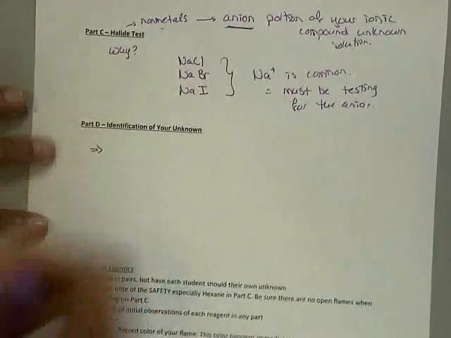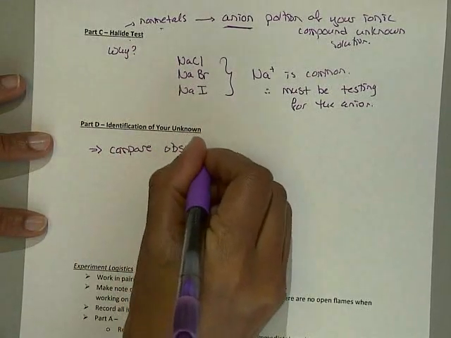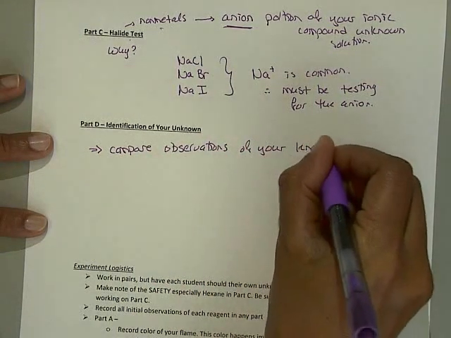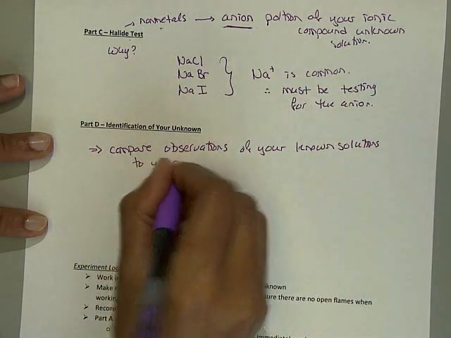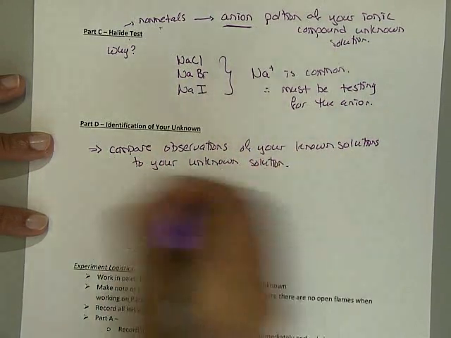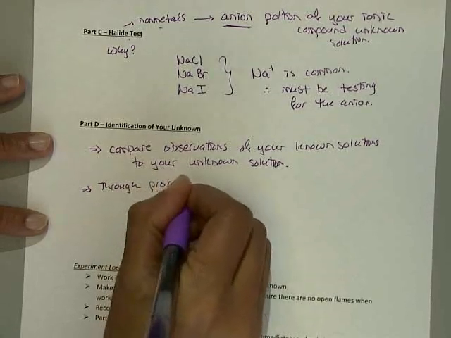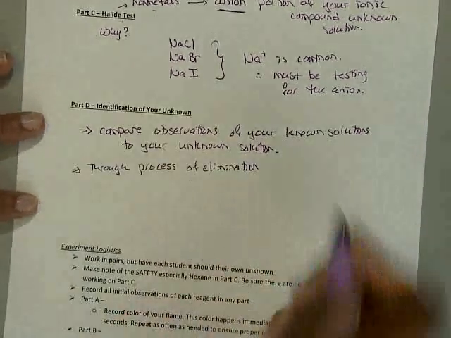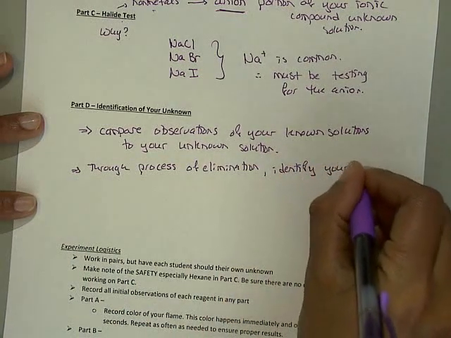But what I want to emphasize here is I want you to compare your observations of your known solutions to your unknown solution. And basically through the process of elimination, I want you to identify your unknown.